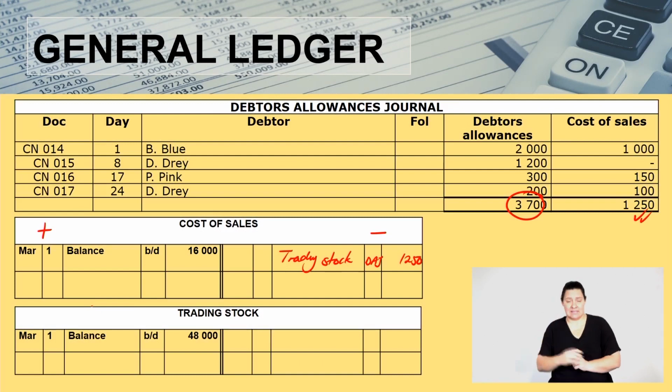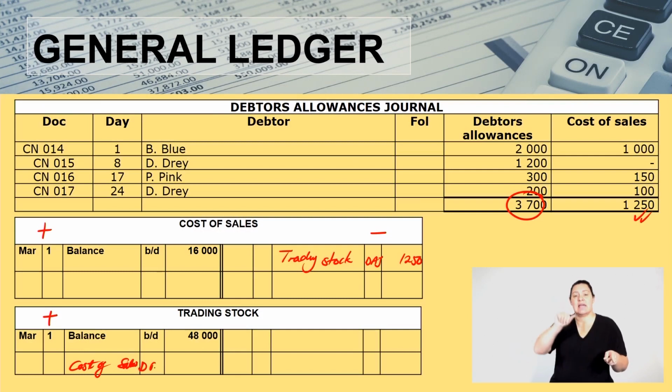I come now to my trading stock. Remember, it's a plus. So what do I say here now? Cost of sales. Cost of sales from the DAJ. How much? 1,250. Very important that we post in this fashion.